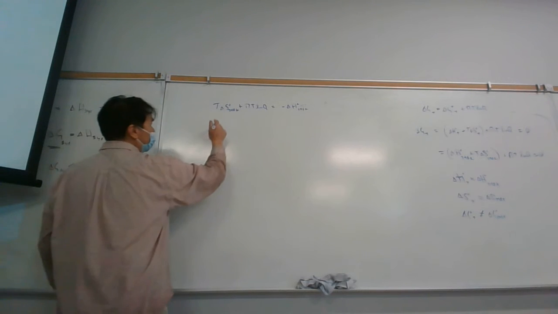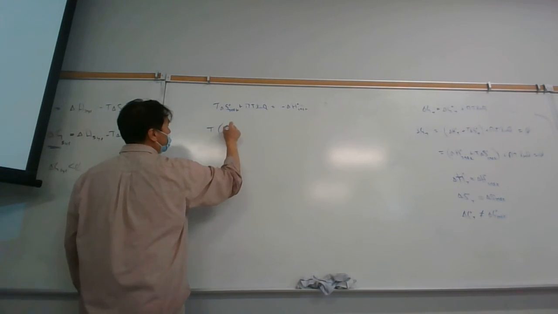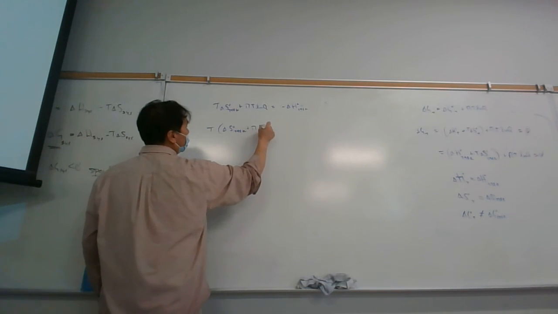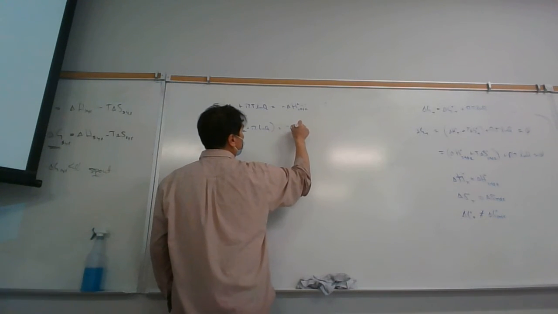If we factor out the T here, we're going to get T times delta S naught at 298 Kelvin plus R ln of Q is equal to minus delta H naught at 298 Kelvin.